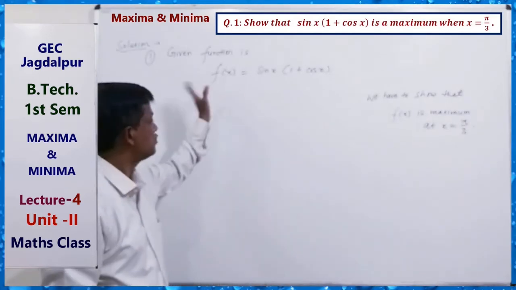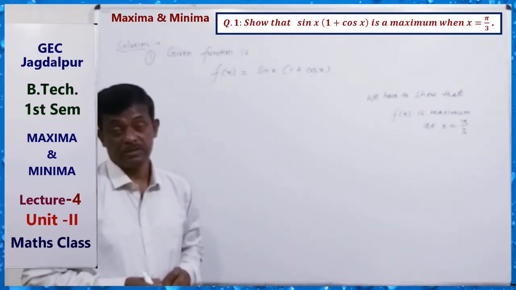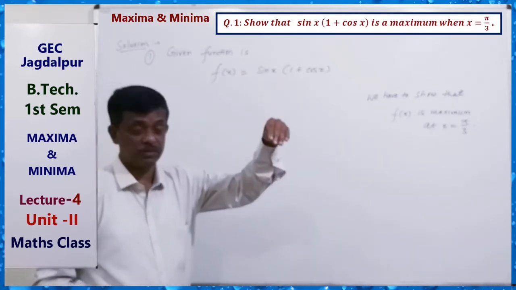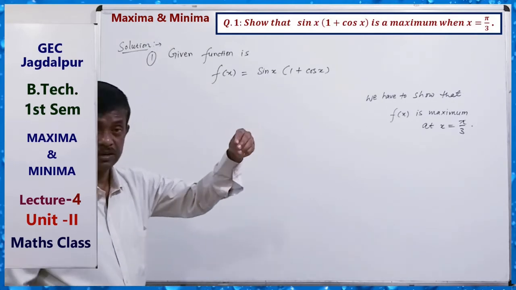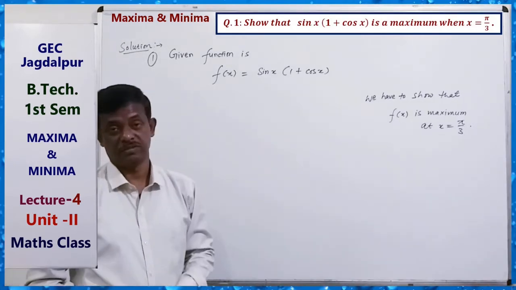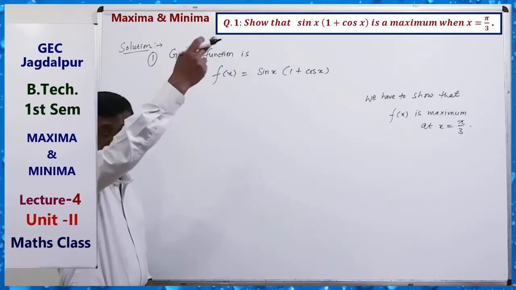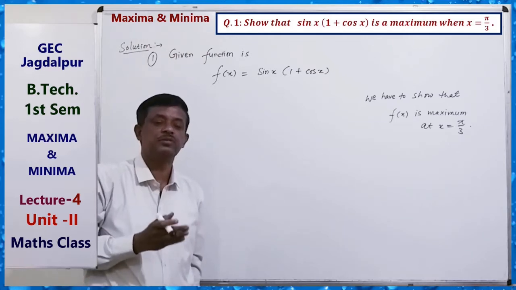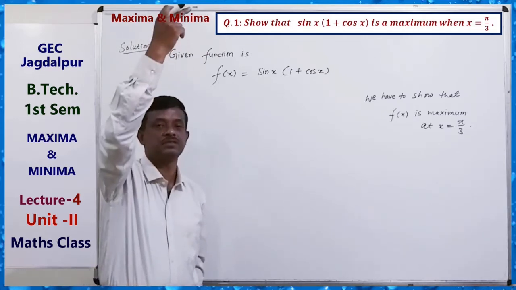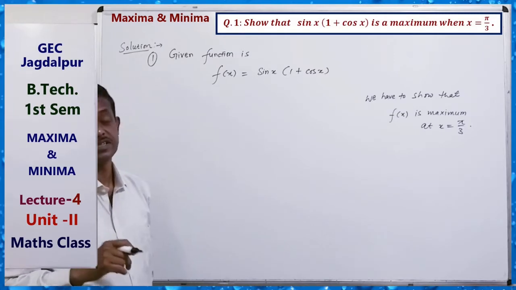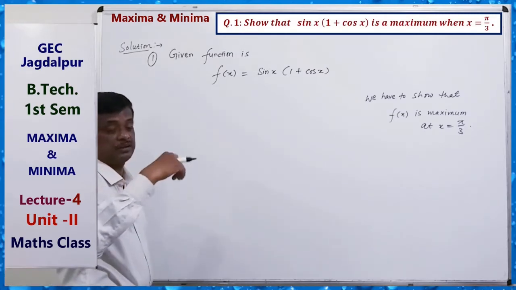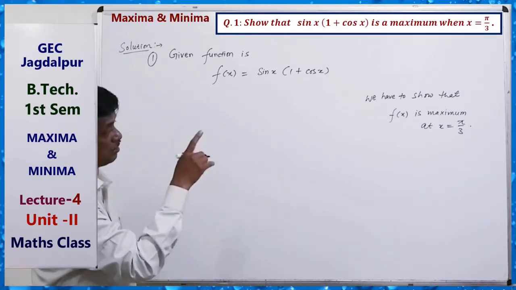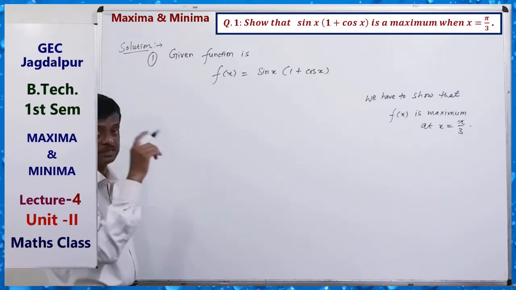At this point, we have to show it's maximum. So first of all, just find the stationary points. A stationary point means where the function has first derivative 0. Okay. So extreme point, maximum. In the curve, the maximum point is there, corresponding to the value of x for which the function is maximum. That point is called a stationary point or extreme point. At that point, the function has a maximum value or minimum value. So here, first of all, find stationary points.